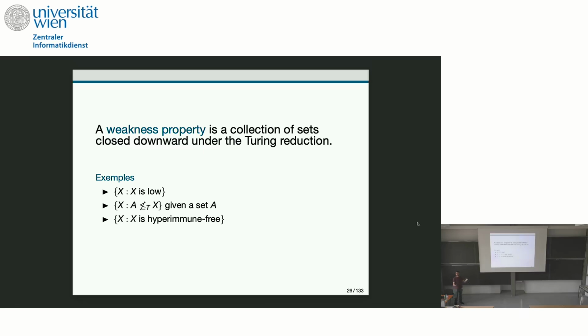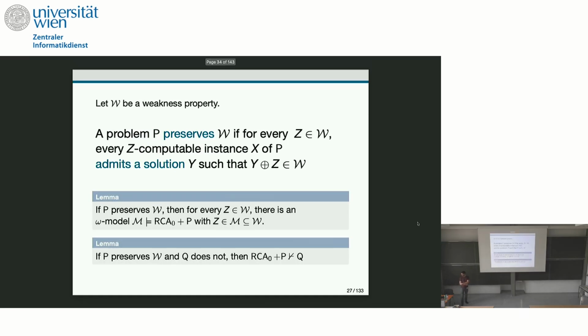There are many such examples, and sometimes we have to cook very specific notions given a pair of problems. So given a weakness property, we say that a problem P, in terms of instances and solutions, preserves the weakness property if for every weak set Z and every Z-computable instance X of P, you can find a solution so that joined to Z, you are still weak.